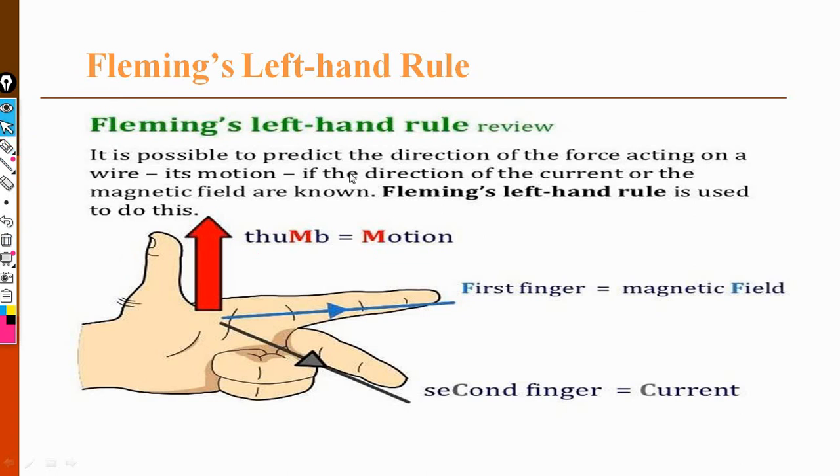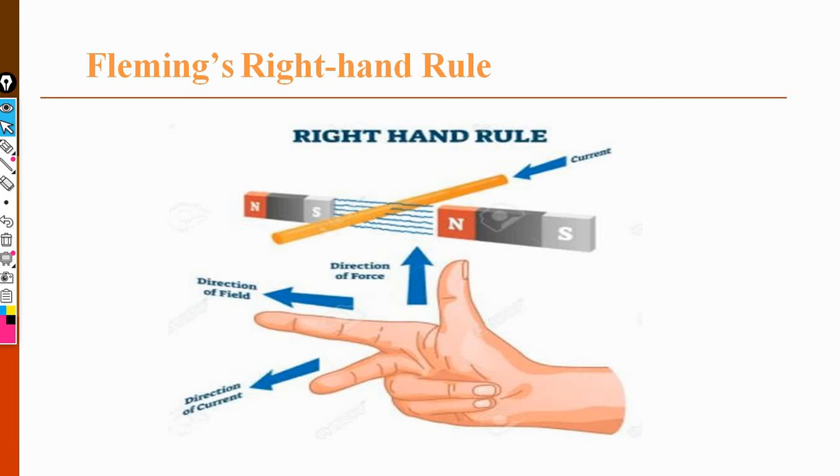Then we have to explain Fleming's right hand rule. Faraday's law of electromagnetic induction also depends on Fleming's right hand rule. Here the conductor is placed between a magnetic field, where the south pole and north pole attract each other.